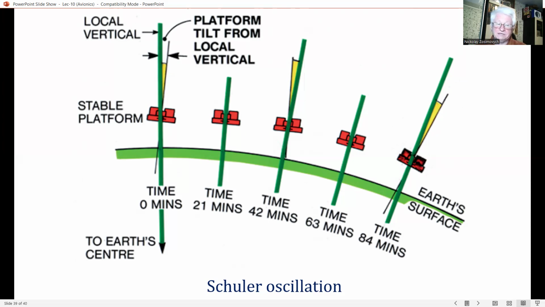At the moment when t equals 0, the platform tilt results in the accelerometer measuring a small negative component, as we can see in this left figure, of the gravitational acceleration as well as the true acceleration.